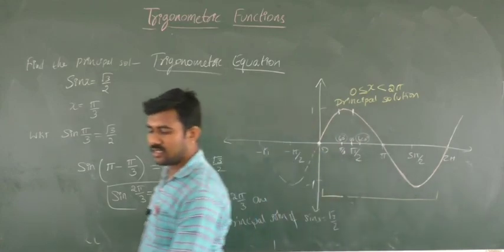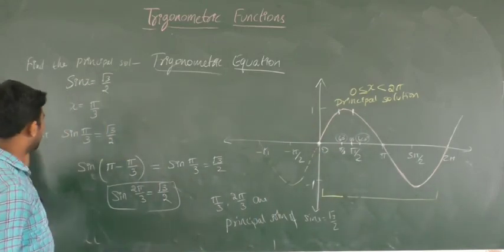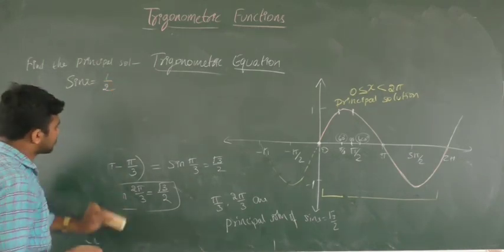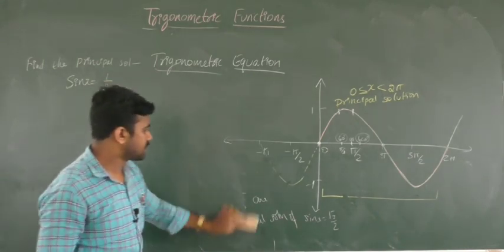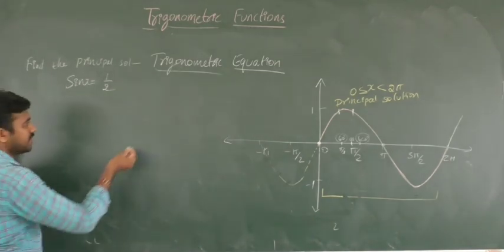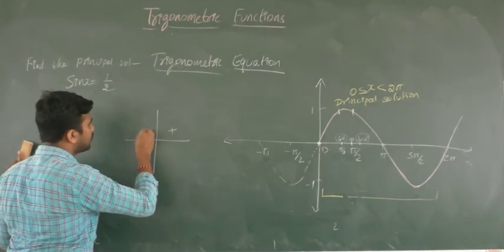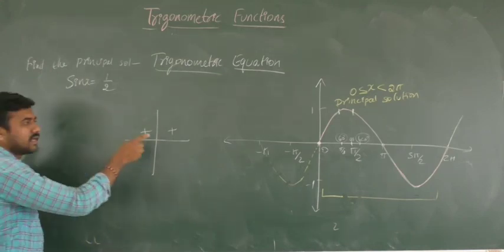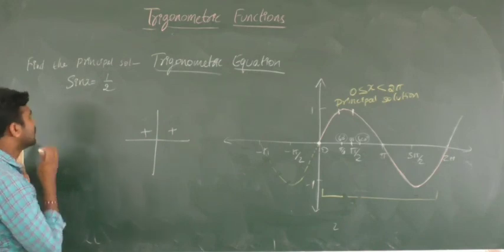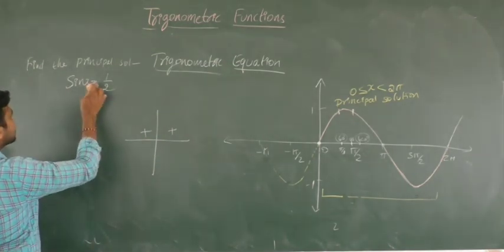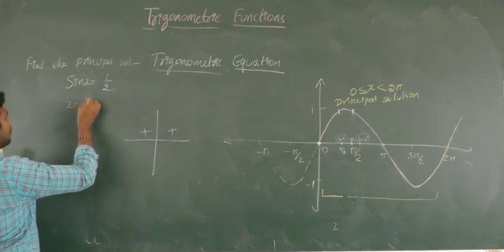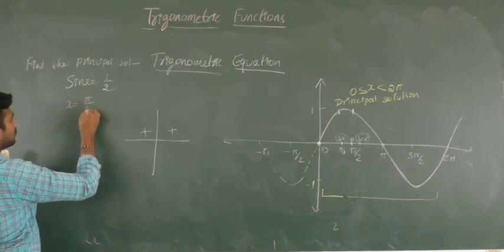See, like this I'll consider another question. Same way, I'll consider 1 by 2. Sin x is equal to 1 by 2. What is the principal solution of sin x is equal to 1 by 2? We know that in the first and second quadrants sin takes positive values, so obviously x lies in the first and second quadrants. So sin x is equal to 1 by 2 means we can take x is equal to 30 degree.